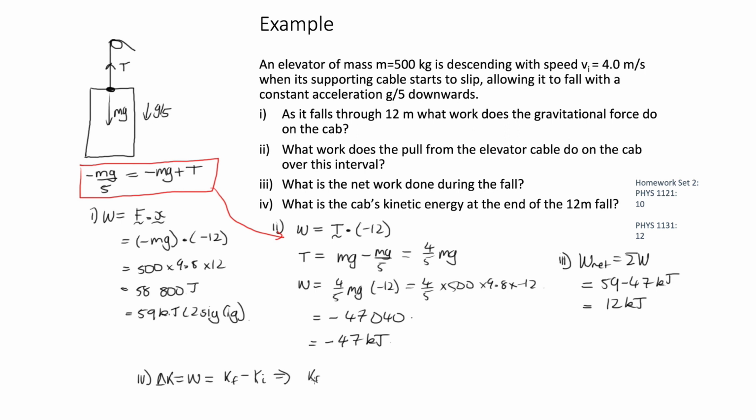And so we can say final kinetic energy is equal to the initial kinetic energy plus the work done, which is equal to a half times m, which is 500, times the initial velocity squared, which was 4 squared, plus the net work, which is done, so plus the 12,000. So this is 16,000 joules, or 16 kilojoules, to two significant figures. Now, to practice calculating works, try homework set 2 for 1A question 10 and for higher 1A question 12.